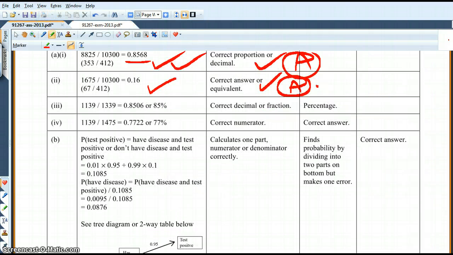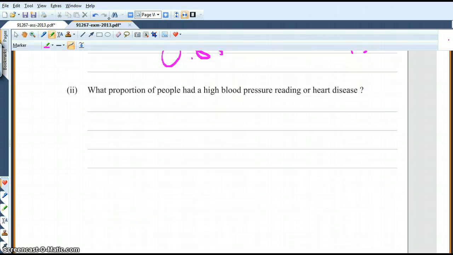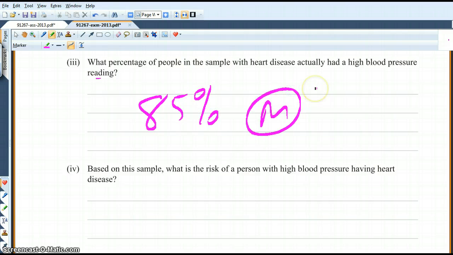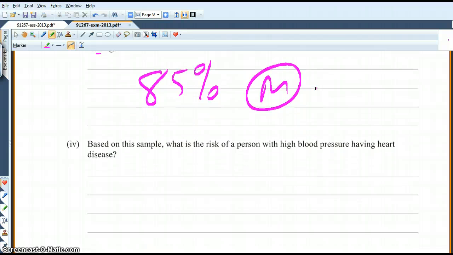So let's check that. Correct. Now, it must have asked as a percentage. What percentage? So 85%, and you get your merit. This seems too easy, but I think the devil in it is reading the question really precisely. You get one word wrong and you've missed out on some real easy marks.